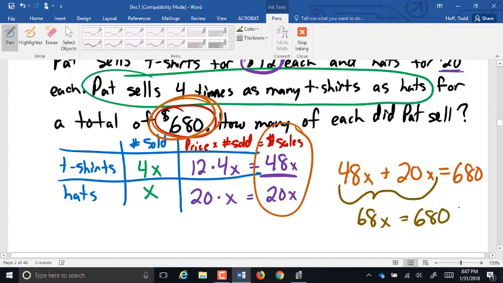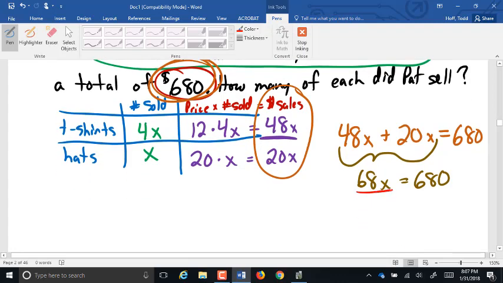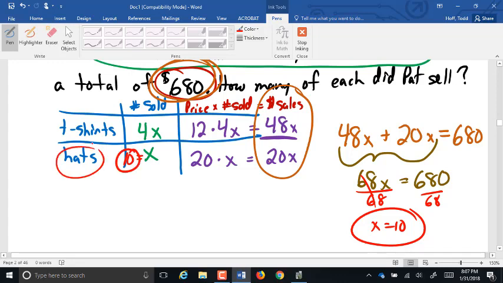Still equals 680. And then divide by 68. X equals 10. All done? No, what do we have to do? Yeah, we have to answer the question. X equals 10, that is how many hats were sold. We still need to know the t-shirts. 4x is 4 times 10. That's 40 t-shirts sold.